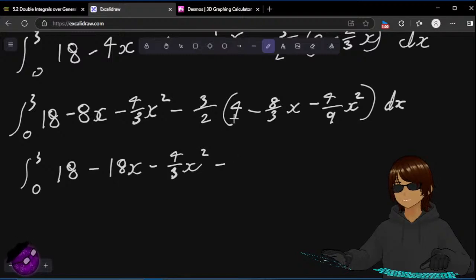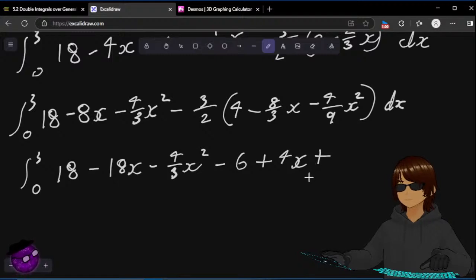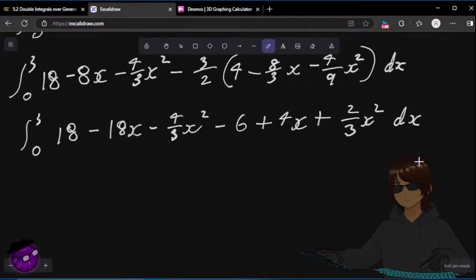4 times 3 is 12, 6. Minus minus becomes plus. The 3s cancel, we have 4x. Minus minus becomes plus again. And then 2 over 3 x squared dx.